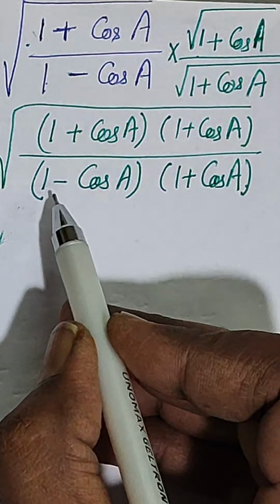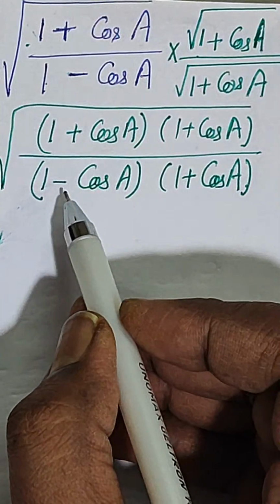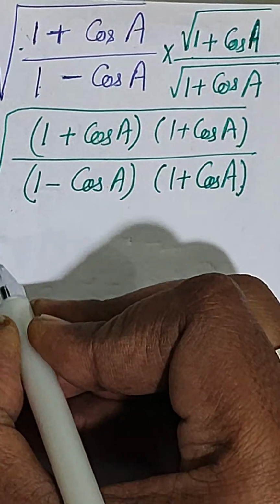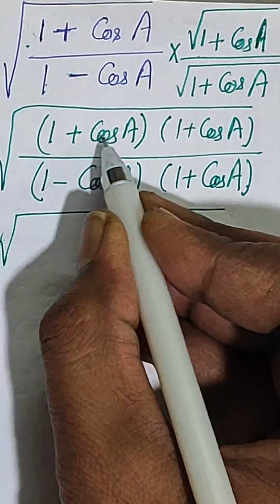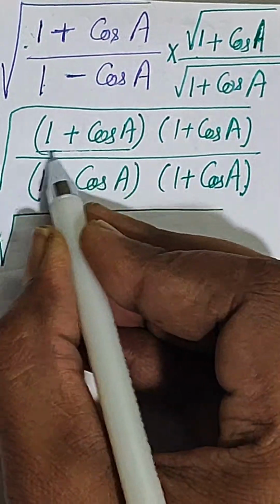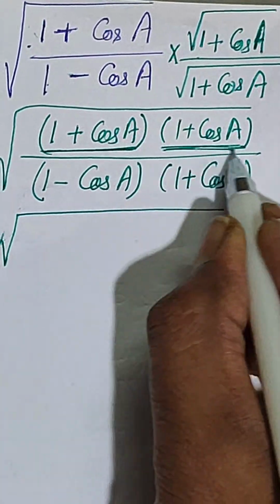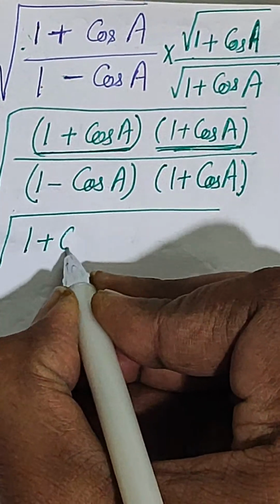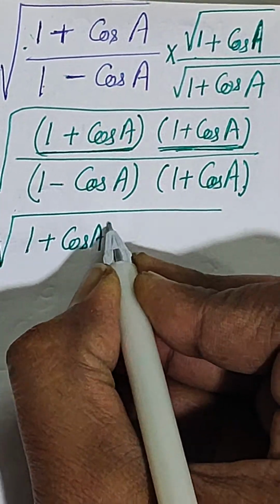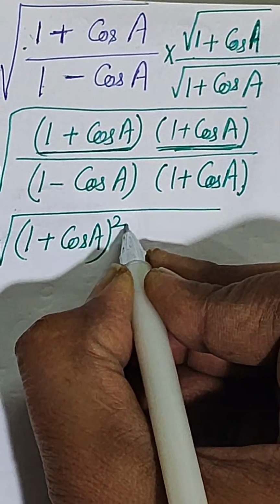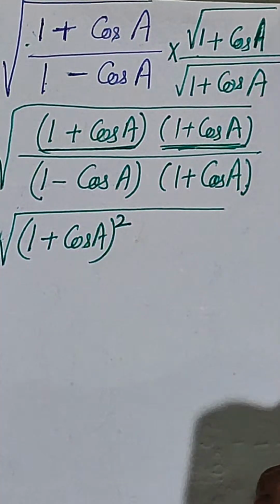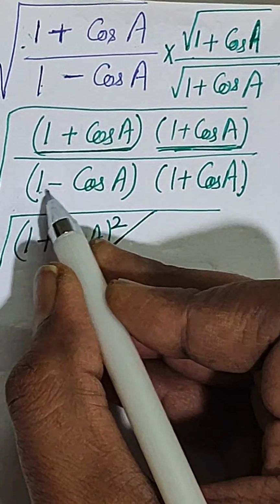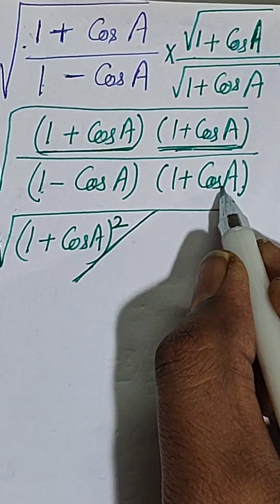Right, you know the formula, just recall how to move forward. In this case, you can see 1 plus cos a is coming two times, so we can write (1 plus cos a) whole square in the numerator, and the whole of this will be divided by (1 minus cos a) and (1 plus cos a).